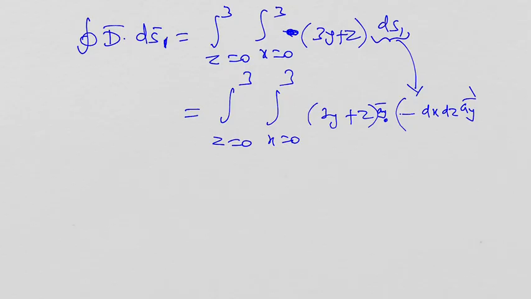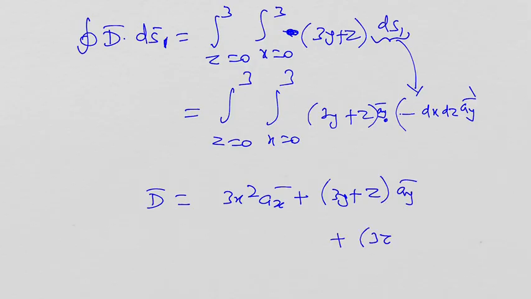ay dot ay alone can be equal to 1, isn't it? Though the vector D is equal to 3x squared ax plus 3y plus z into ay plus 3z minus x into az. The vector has 3 components, but the surface area has got only one unit vector, ay.